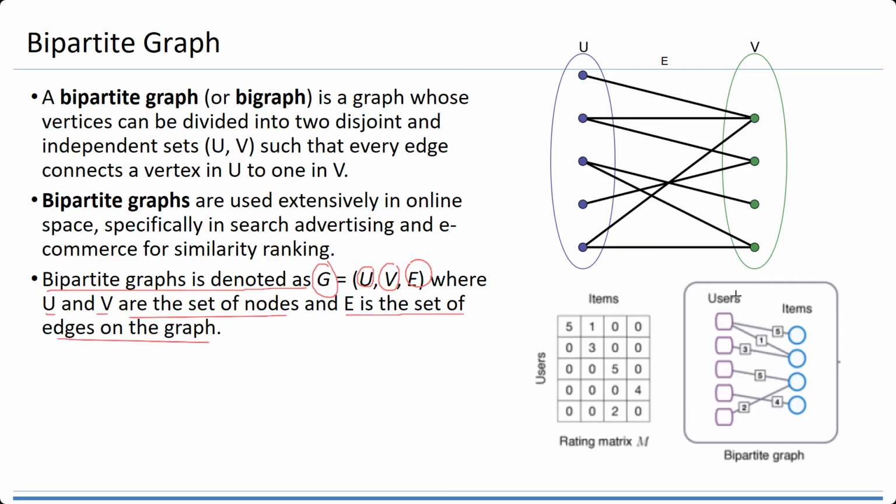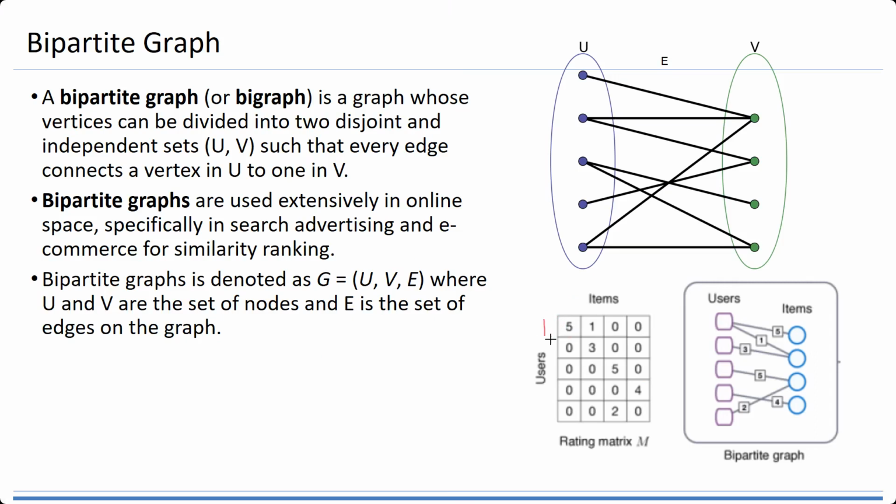For example, if you buy an item in the online shop, let's say you can connect to Coupang or Gmarket and etc. So I want to know the user one buy the item one 5 times, for example, or the user one give the rating to item one 5. So that's kind of things we can put into the bipartite graph.